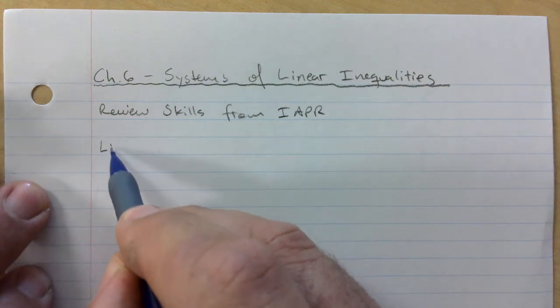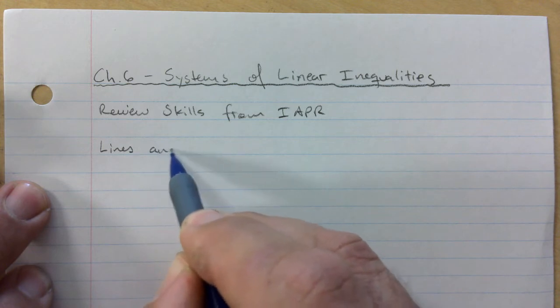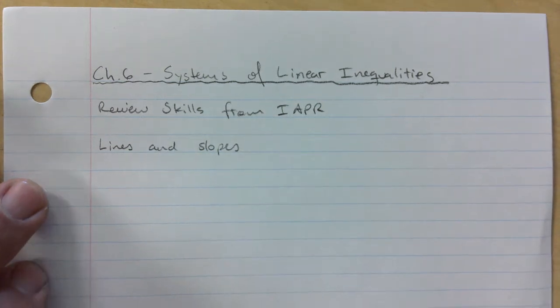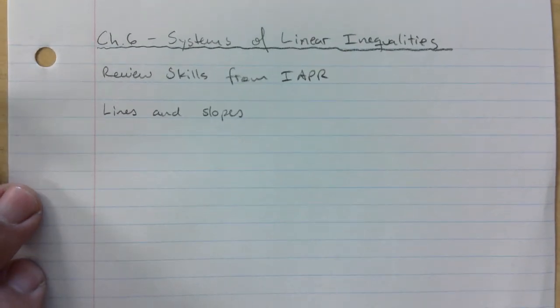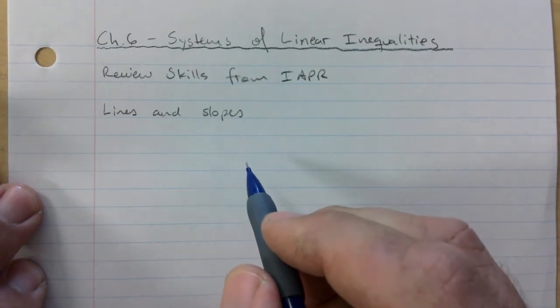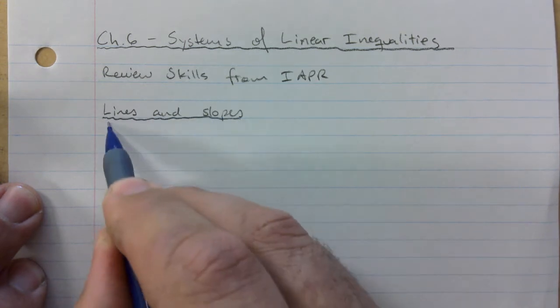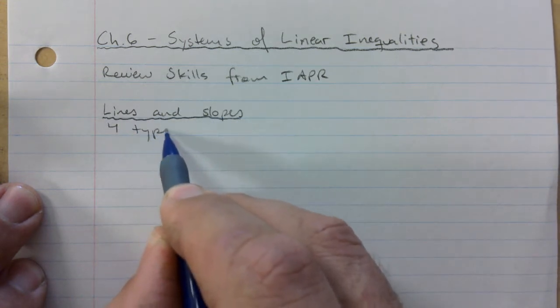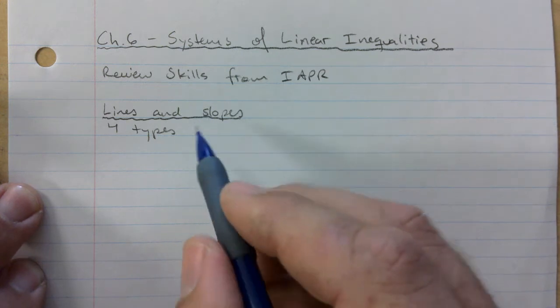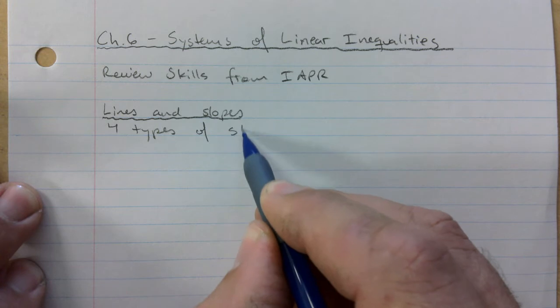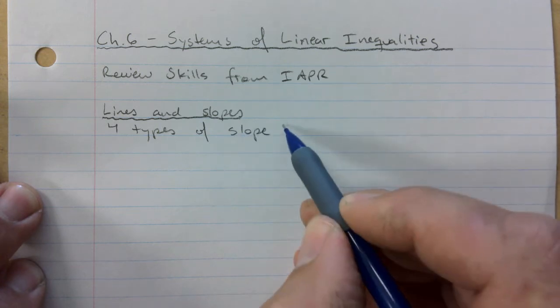So we start with lines and slopes. There's four types of slope.